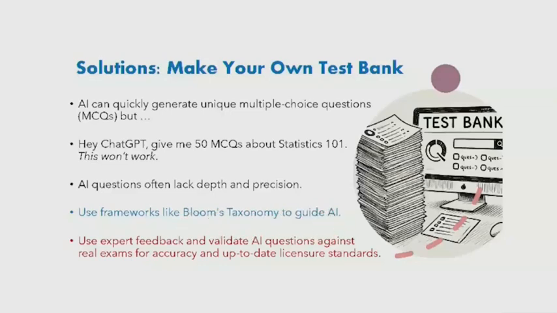And then after the quizzes are produced, you have experts check the validity and reliability. Through multiple iterations, you would be able to get more accurate, high-quality quizzes, and they are more up to date with the current licensure standards.